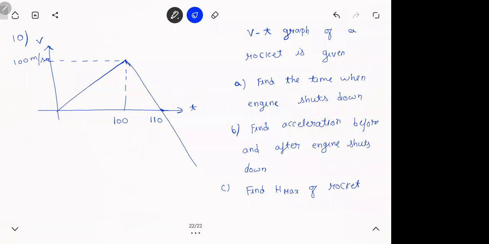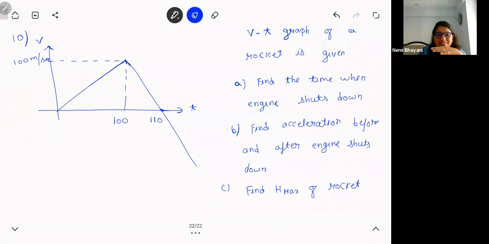Let me ask you one question. When I fire a rocket, after the engine shuts down, will it immediately stop? No, it will start decelerating and then it will stop. Yeah, so that's why I thought there's deceleration from 100 meters per second, so the engine shuts down at 110 or something.